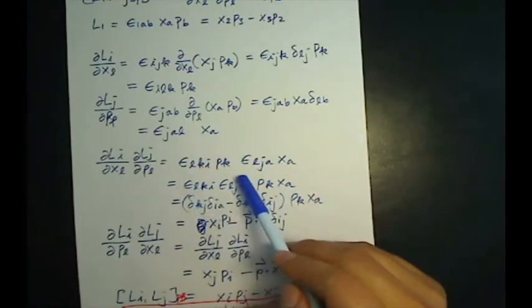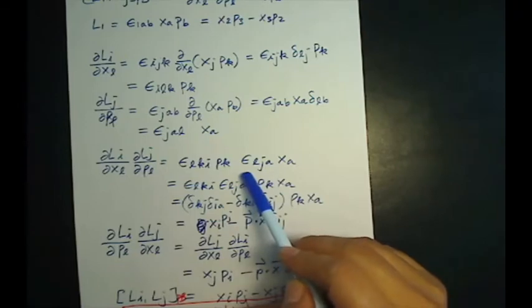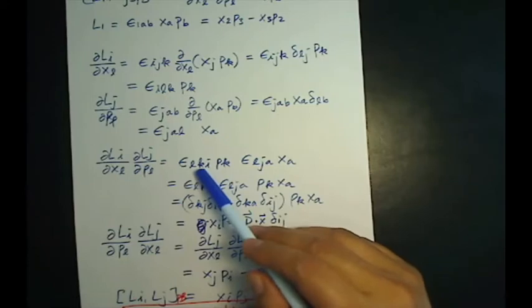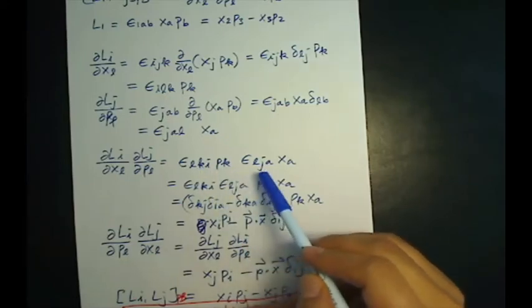The repeated index is L, so this should be expressed as Kronecker deltas.